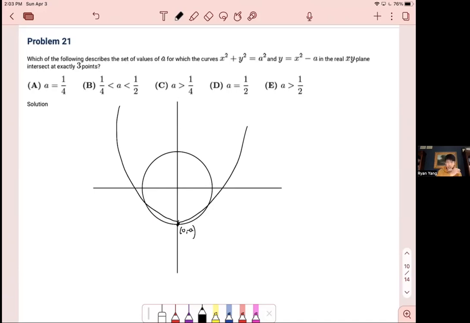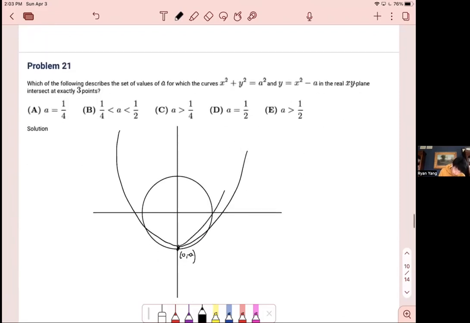So we are guaranteed that we have at least one intersection point at 0, negative a. But otherwise, our main problem is that once this parabola passes by, the parabola is not gonna curve back in. That's impossible. It's also not going to go like that.